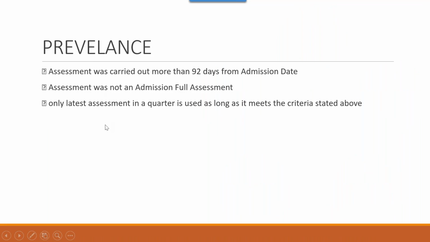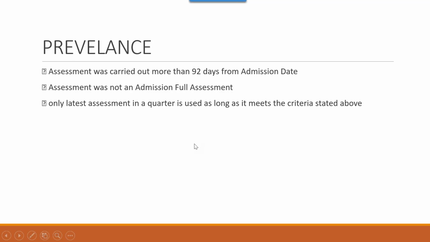Once again, please recall that these three exclusion factors are in place. This looks at every single assessment sent to CIHI, and if that assessment is not associated with a length of stay of 93 or more days, then the individual will be excluded.